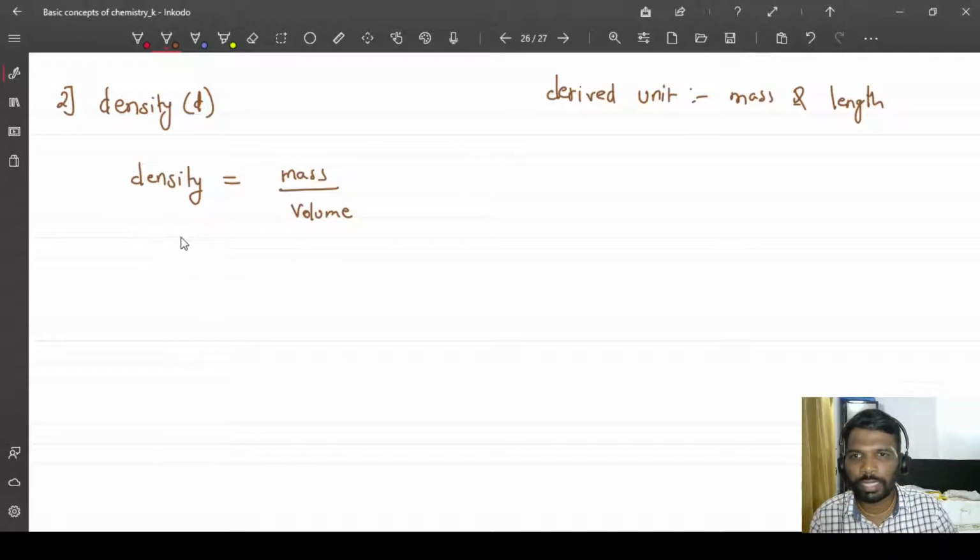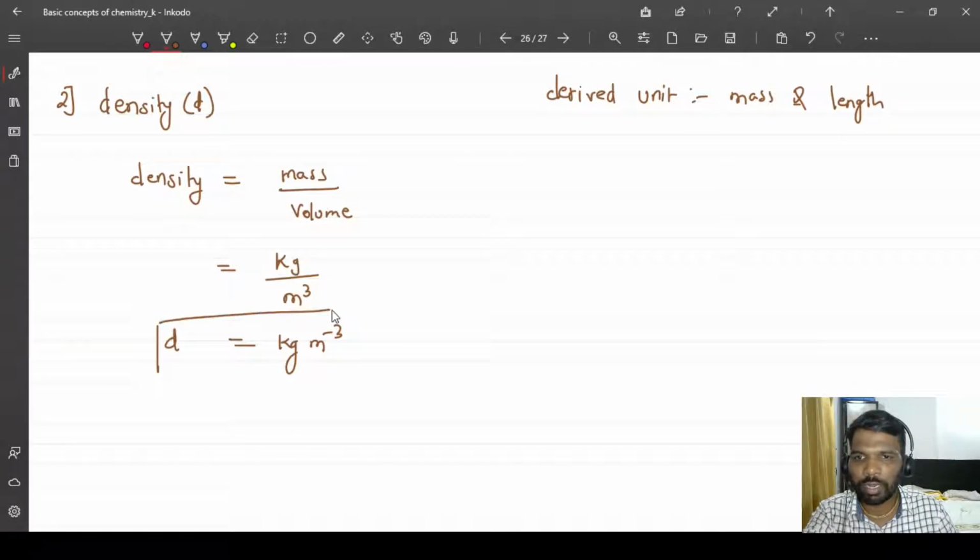So here density D, now what would be the units of mass? If I am taking the unit of mass to be kg and volume to be meter cube, then density will be kilograms per meter cube. This is one unit of expressing a density.